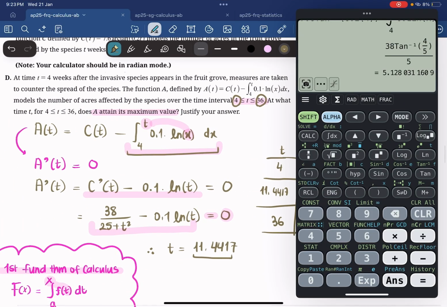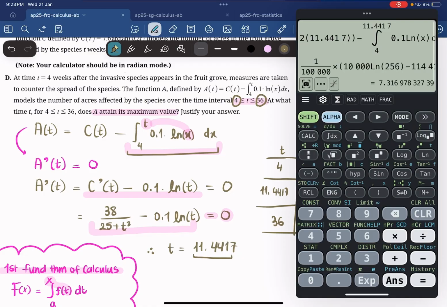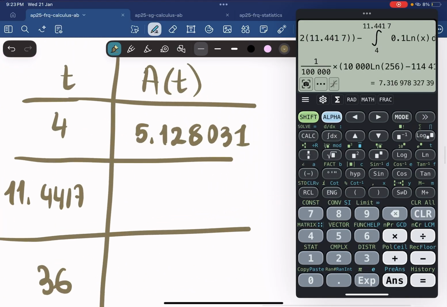And we're going to do the exact same thing. Instead of 4, we're going to substitute the other values, 11.4417, and instead of t we put 11.4417. We get our answer to be 7.316978.